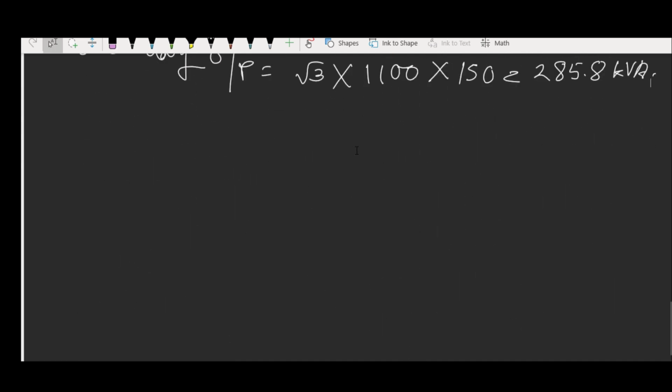Now here, in both cases, first we considered star and then we considered delta. What you can observe here is that phase voltage and phase current always maintain the turns ratio relationship.